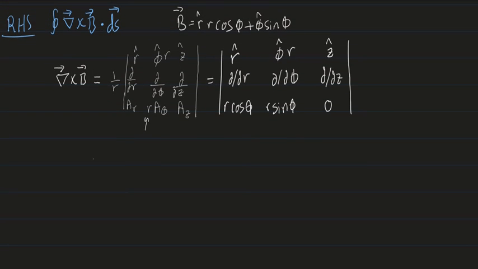So computing the determinant, I have r hat multiplied by, this should be minus the derivative of this with respect to z, but well, this is 0, so I will not have any r hat component because it will be 0 minus 0.